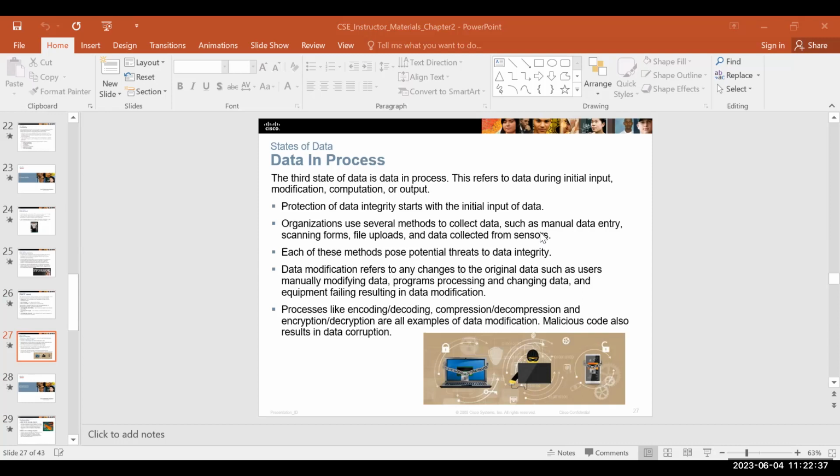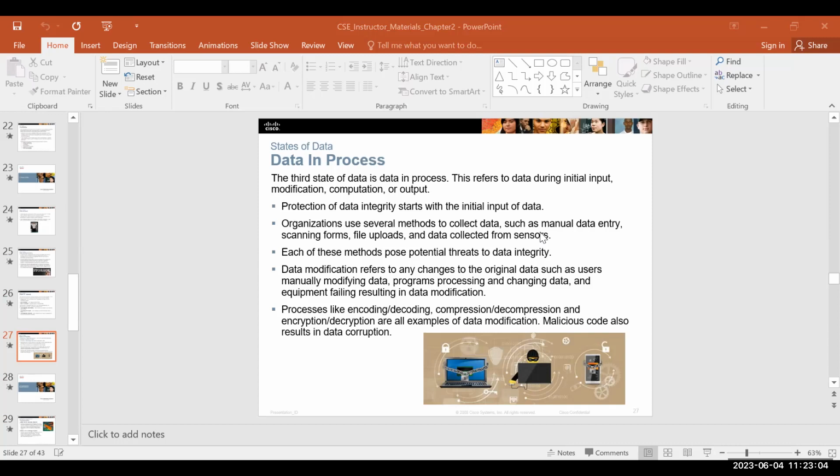As we have seen, encoding means you are changing the form in which you are going to send the data. Decoding is retransforming the data back to its initial format so that the receiver can make sense of it.